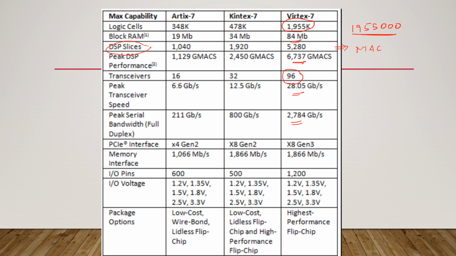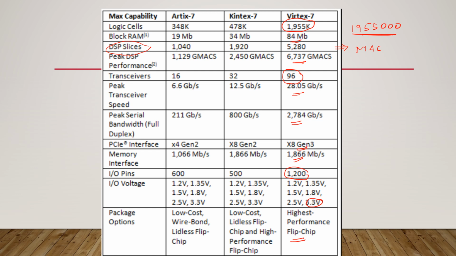The interface we are using is x8 Gen 3, and the memory interface uses 1866 megabits per second. How many IO pins are available? 1200 pins are available, with an operating voltage of maximum 3.3, right? And the package option is a high performance chip, right?